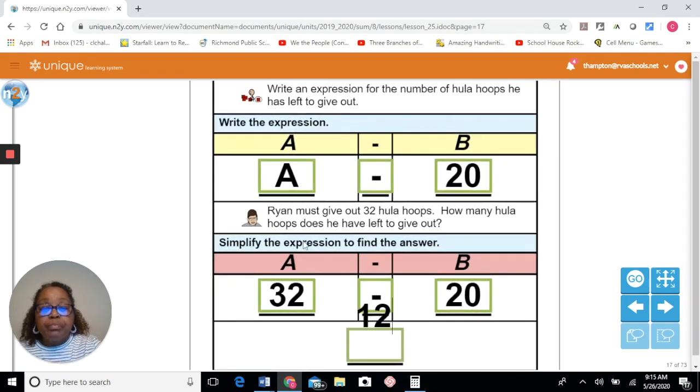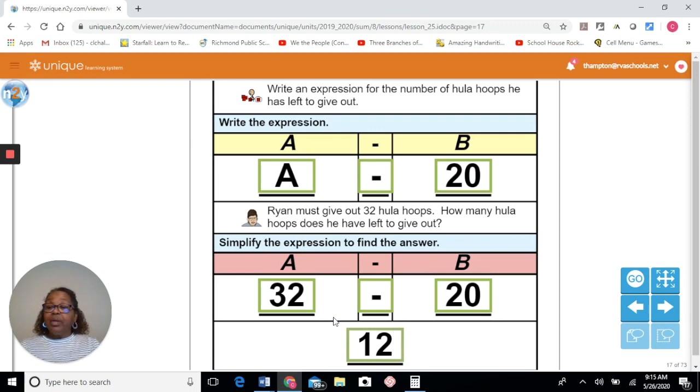So we read on and found that Ryan had to give out 32 hula hoops. So we replaced the variable A with 32 that we were given, and we subtract 20, which we already knew. Our expression became 32 minus 20, and we found the answer.